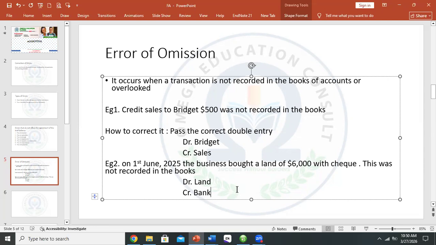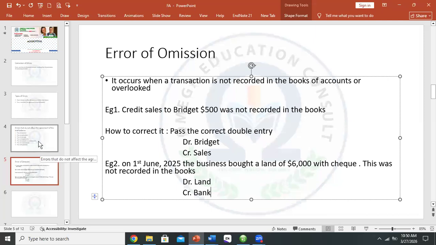And we need to know how to correct them. So for example, you can get a transaction like returned goods to AC 5 million. This was not recorded in the books. Okay, so the transaction is returns, return outwards. We return goods to AC, return outwards. So if you have forgotten the double entry for return outwards, you are going to solve, right? Okay, but I think so far so good, right? Okay. So that's about error of omission.